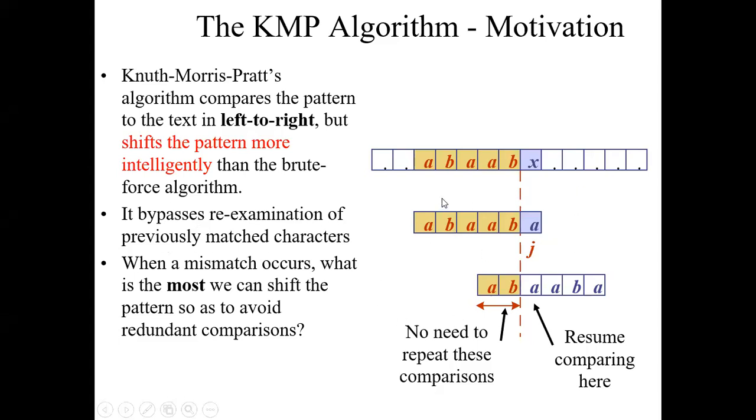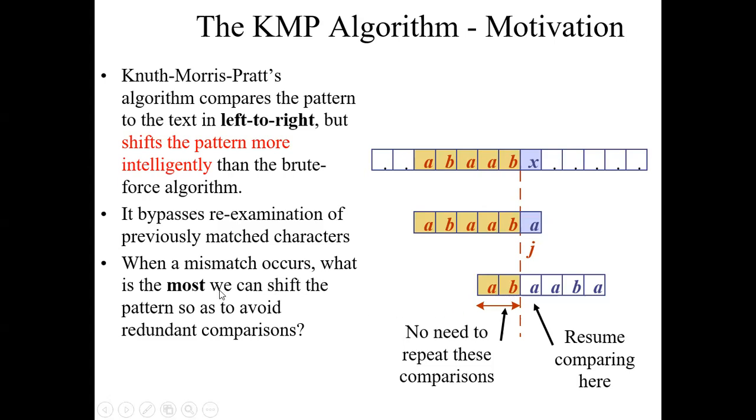For example, यहाँ पर AB has been matched, then there is a mismatch happening here. तो हमने क्या किया? इस pattern को text से align किया with the previously matched substring that is a prefix and a suffix. So AB को AB से align करने की कोशिश करी so that I need not compare A with A and B with B.